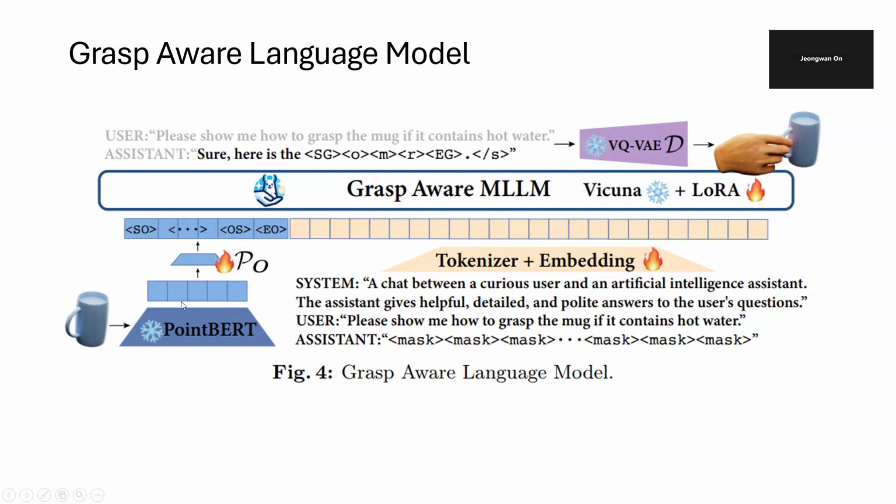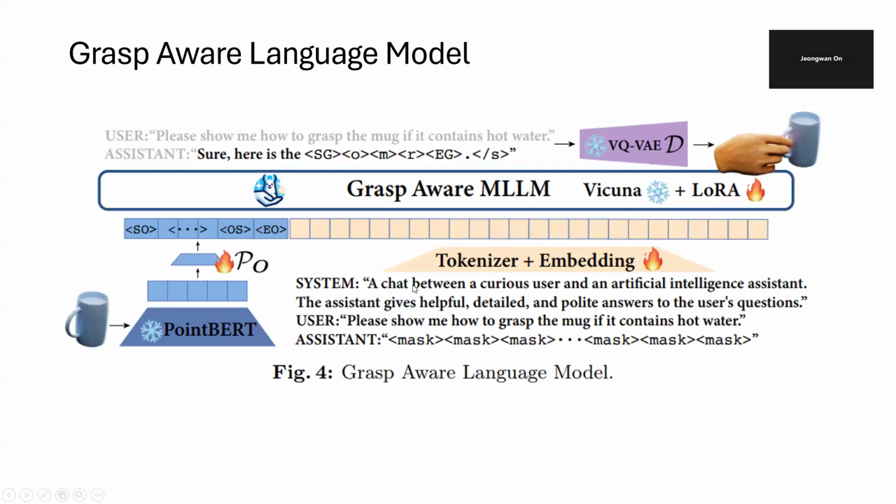But one problem of PointBERT is that it needs a normalized object point cloud, so the shape information is lost. So the object size information is lost, and that has to be embedded in a separate token here. The OS token represents the object size token.